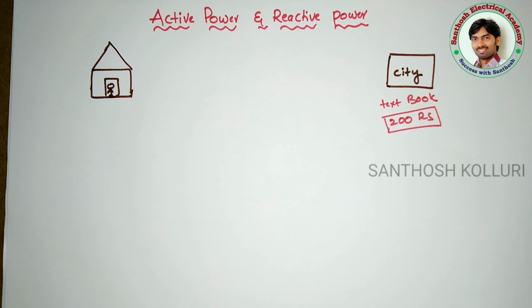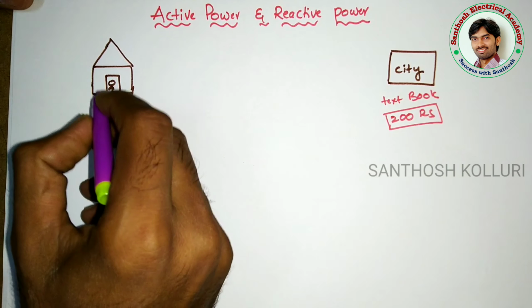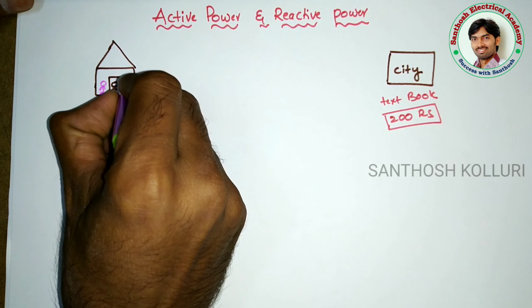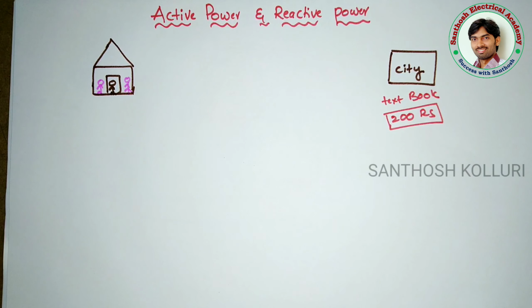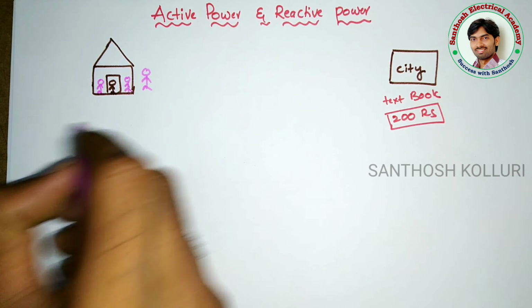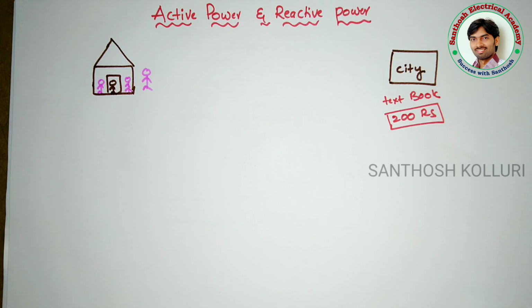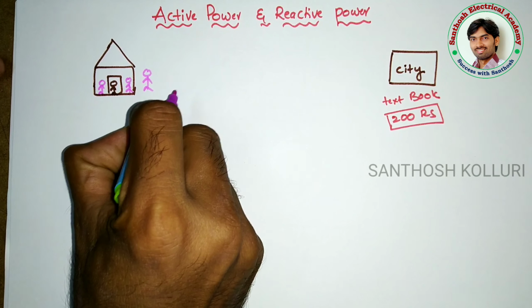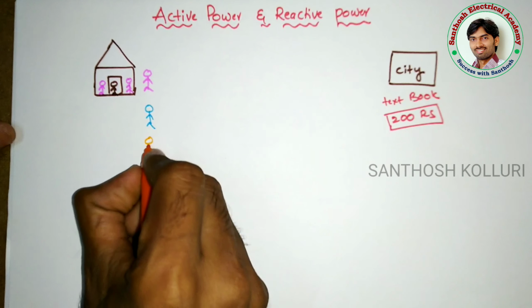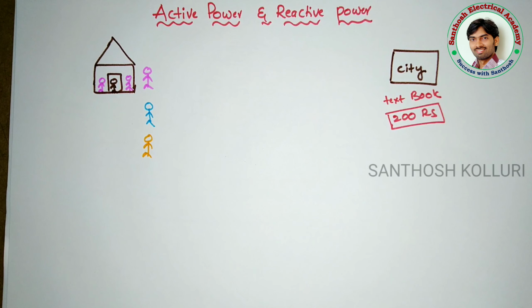Case number 1. Let us take that there are 3 students staying in this house, and they have to buy the textbook worth 200 rupees. This is student 1, this is student 2, and here is student number 3.